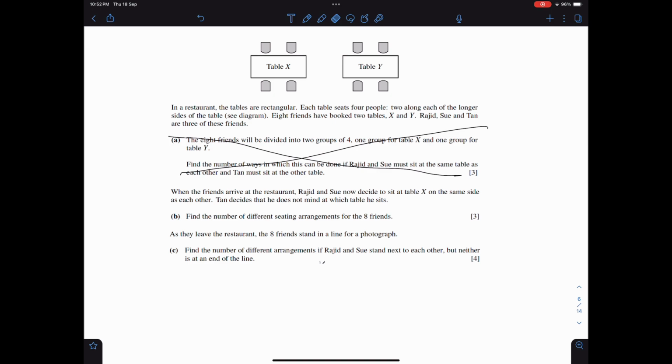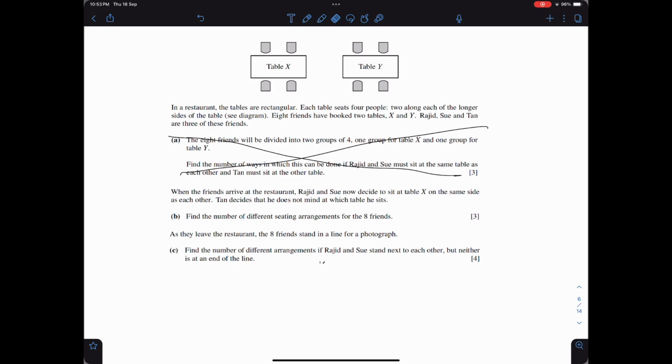So now onto this question. Part A has a combinations question, so we'll just skip to B and C, which are permutations questions. So find the number of seating arrangements for the 8 friends. So you got 8 friends, and Rajid and Sue must sit at table X. So we don't need to choose between X and Y. We know they can be at X, and we know they can be on the same side.